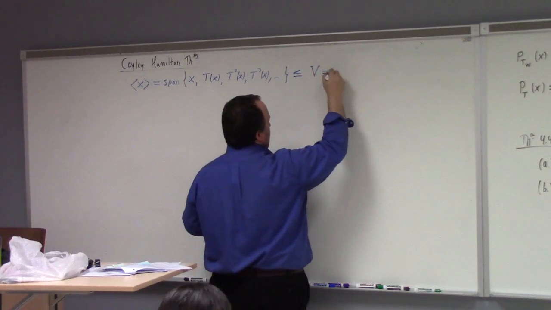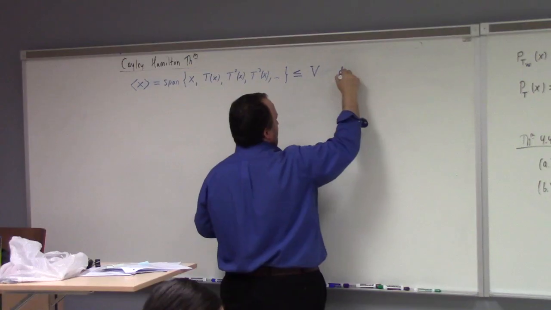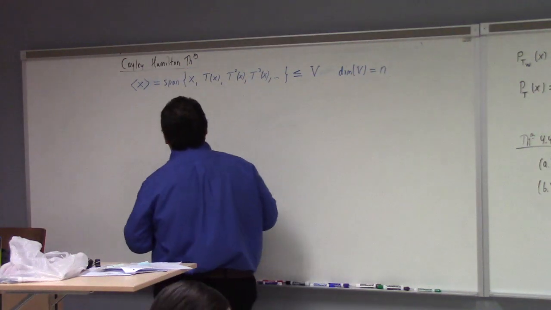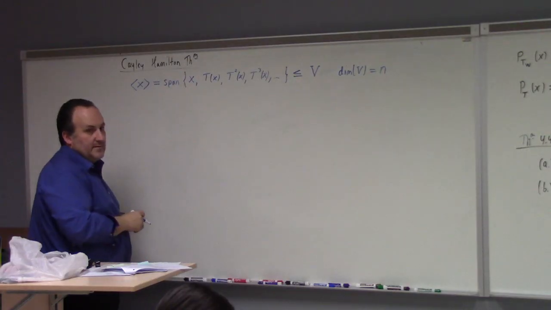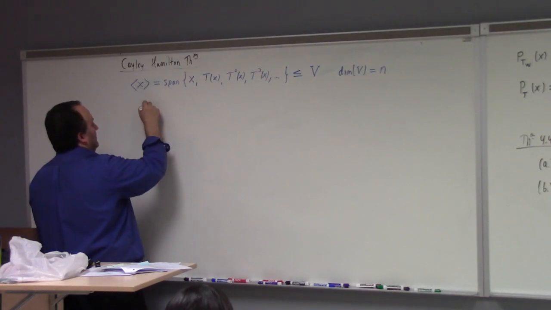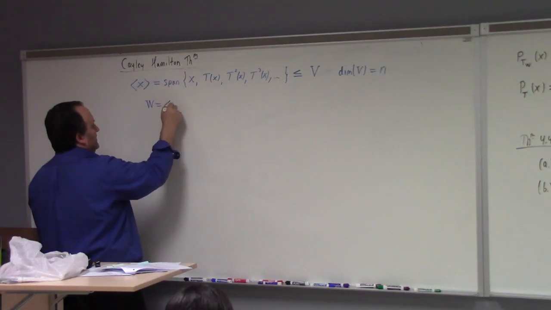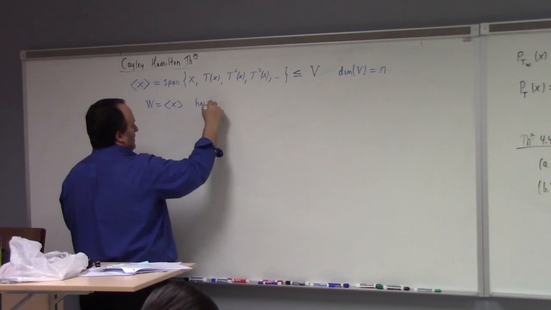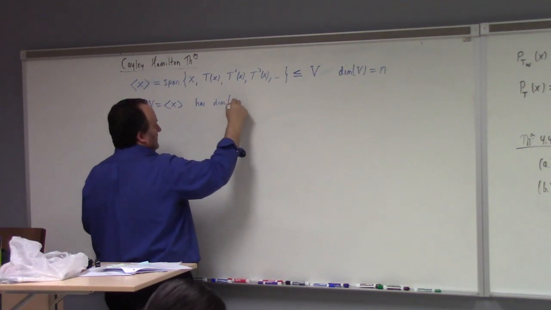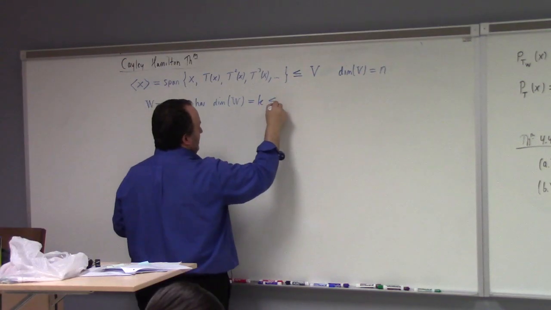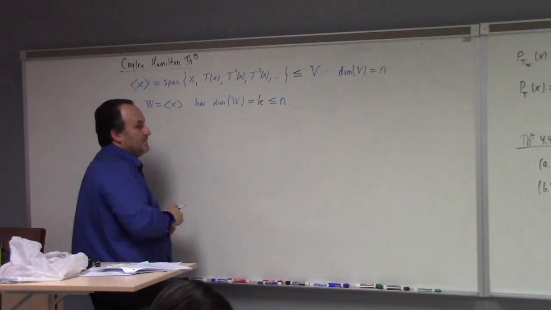And if the dimension of V is equal to n, then W, equal to this thing, has dimension k, which has to be less than or equal to n, right?